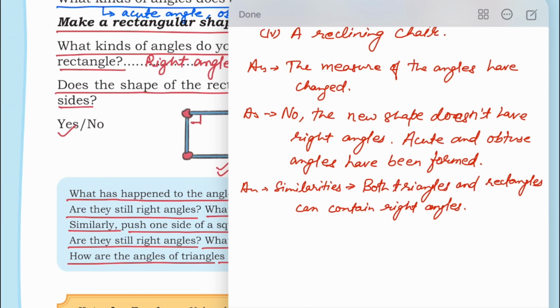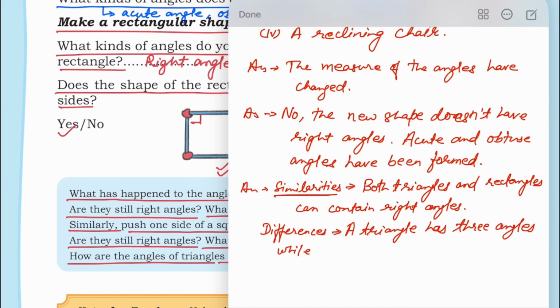Differences: A triangle has three angles while a rectangle has four angles.